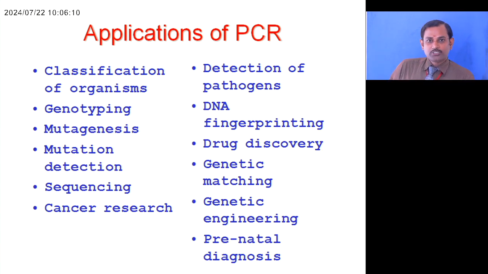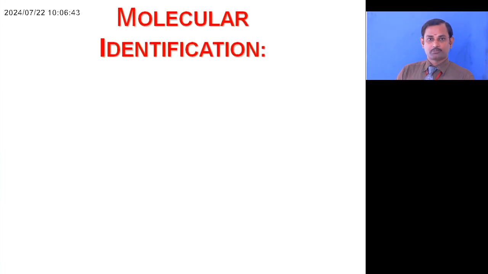This is one of the most important techniques in biotechnology, microbiology, gene technology, biochemistry, and all the fields. So these are the applications of PCR. PCR is used to classify organisms at the molecular level. This can be used for genotyping, mutagenesis, mutation detection, sequencing, cancer research, detection of pathogens, DNA fingerprinting, drug delivery, drug discovery, genetic matching, genetic engineering, and prenatal diagnosis.